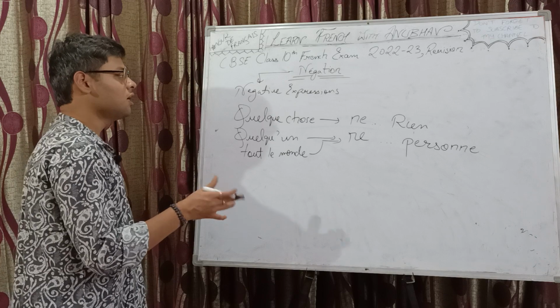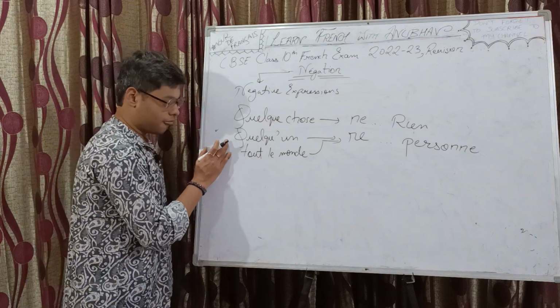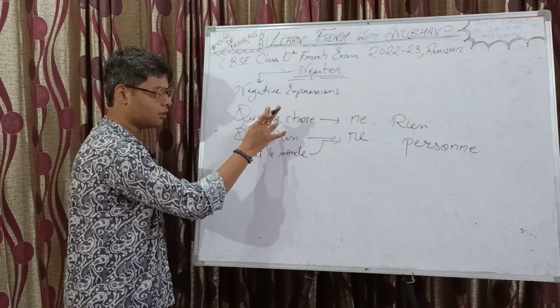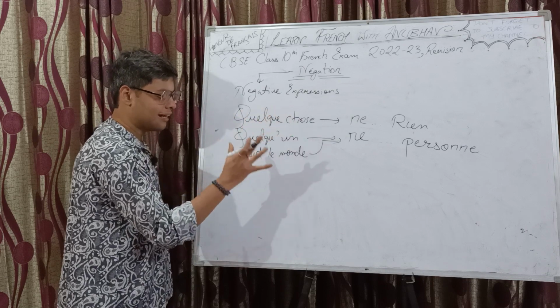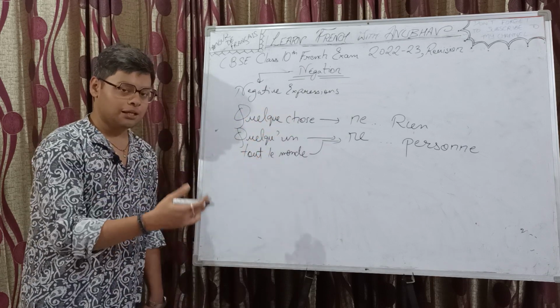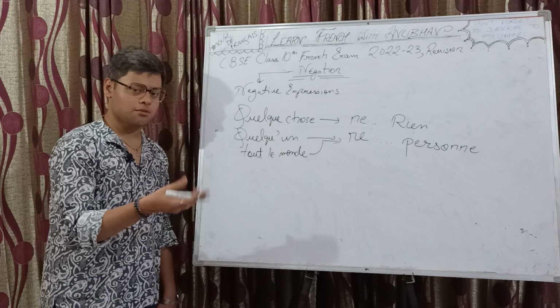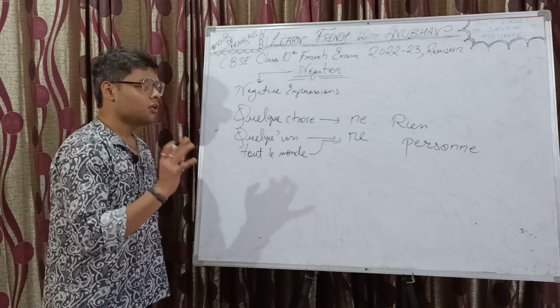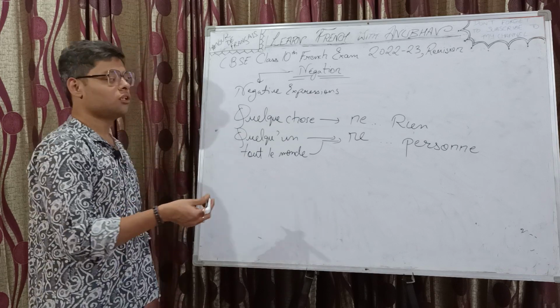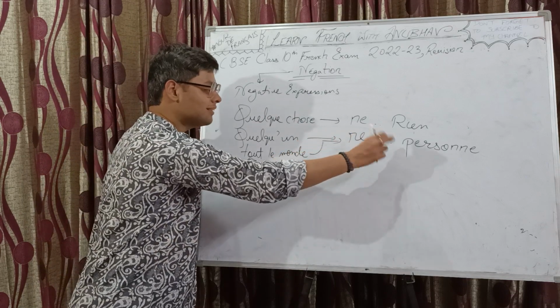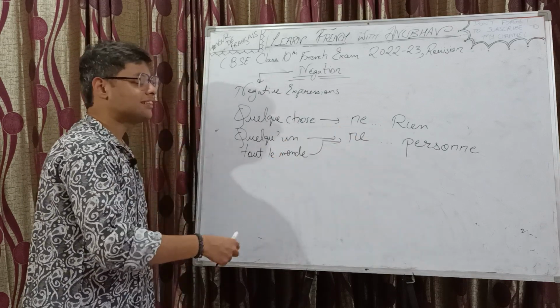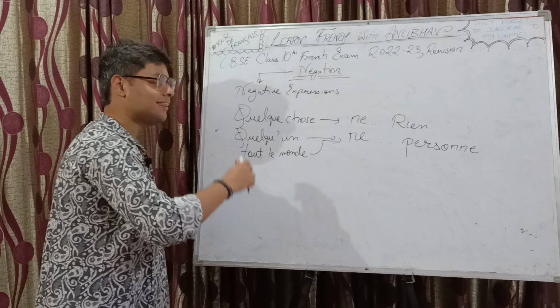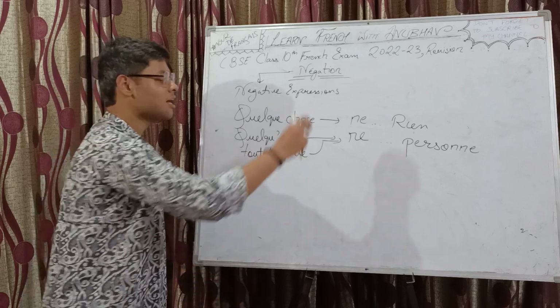Like, for example, when the affirmative expression, like quelque chose or quelqu'un, tout le monde, is there at the beginning of the sentence and there's no subject, right? Then how do we do the negation? We will reverse it and we will write it together. For example, personne, and then the verb, and then the rest of the sentence.